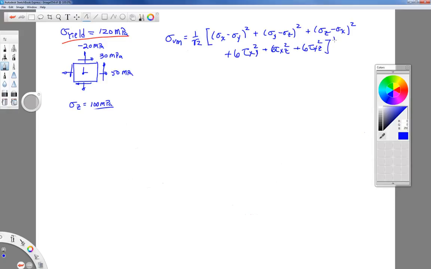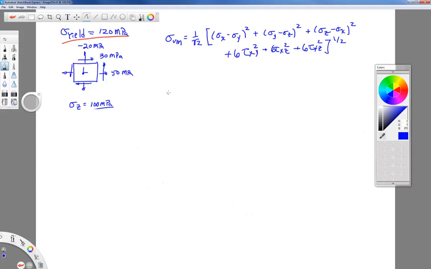That quantity in the brackets is taken to the 1/2 power. It looks like an intimidating equation, and there's a lot going on, but there's kind of a nice symmetry to it. It kind of repeats, and you see the pattern. I will not ask you to memorize this equation, but if you do know it, you don't have to do a Mohr circle. In order to apply the von Mises criterion, you just plug these numbers into this equation.